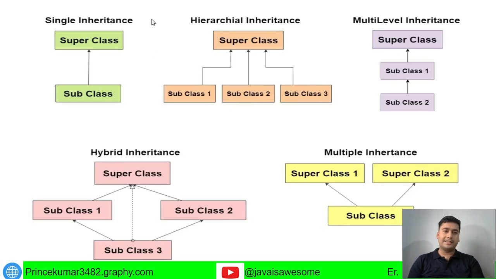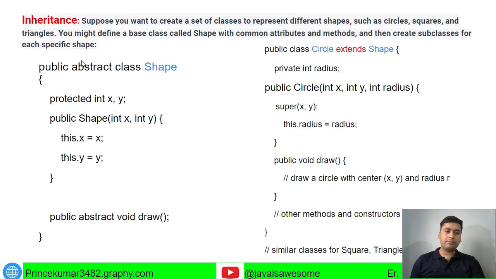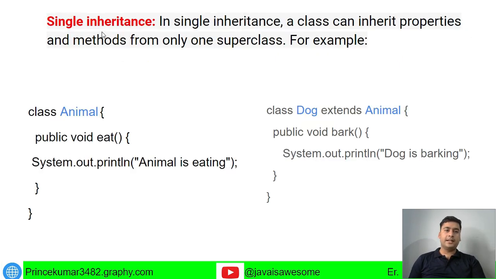Okay, so let's see the single inheritance. If you go here, you can see single inheritance. In single inheritance, a class can inherit properties and methods from only one class. For example, you can see here, this is the animal class and this is the dog class.